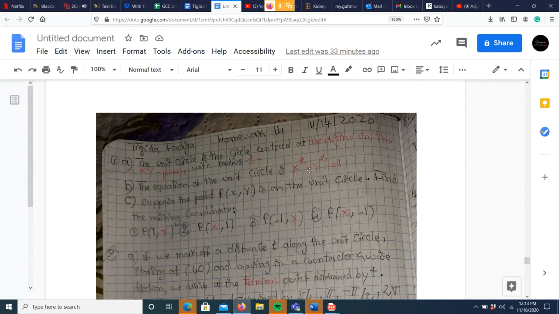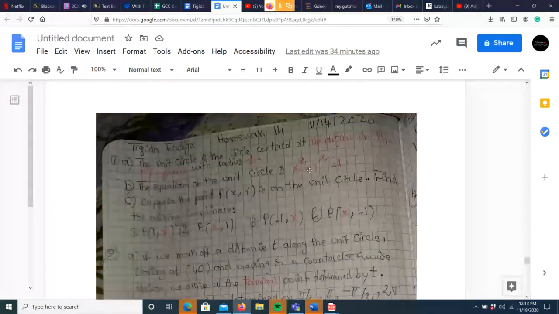Now can you do 3 and 4? You need to solve for 3. Okay, so number 3, since I have the x, I will plug in. So -1 squared plus y squared is equal to 1. -1 squared is 1.